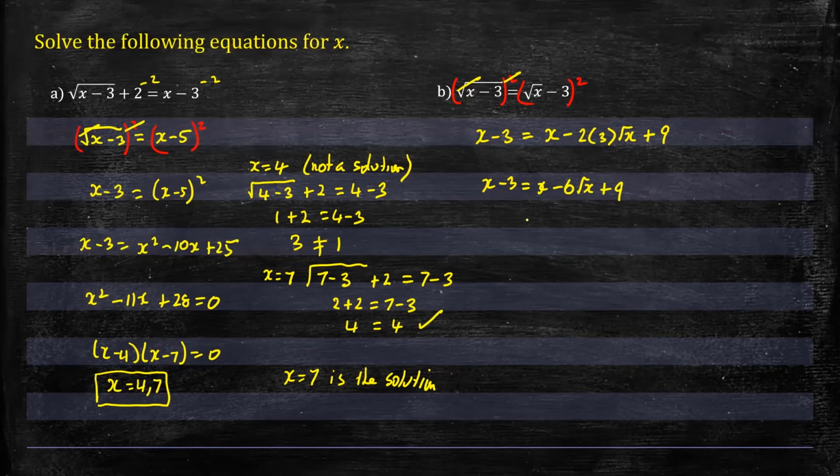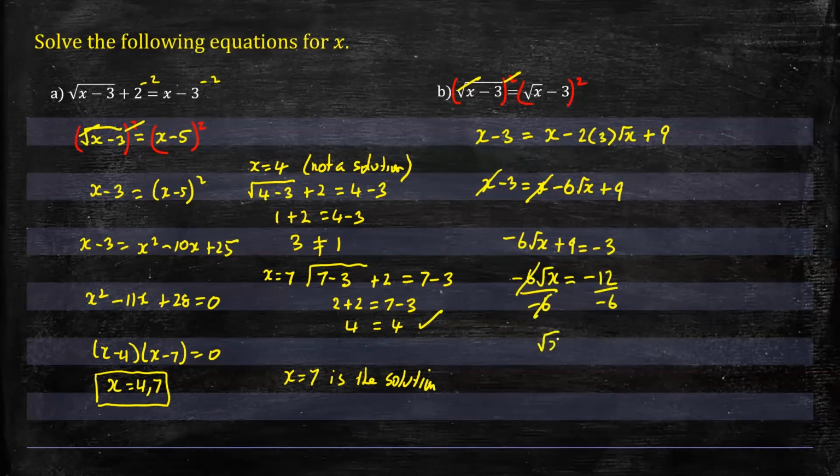And now we'll rearrange this equation. Notice that we have x on both sides. So x will cancel. And we have minus 6 root x plus 9 equals negative 3. So that will give us negative 6 root x equals negative 12. Dividing by negative 6, we will cancel the negative 6 here.